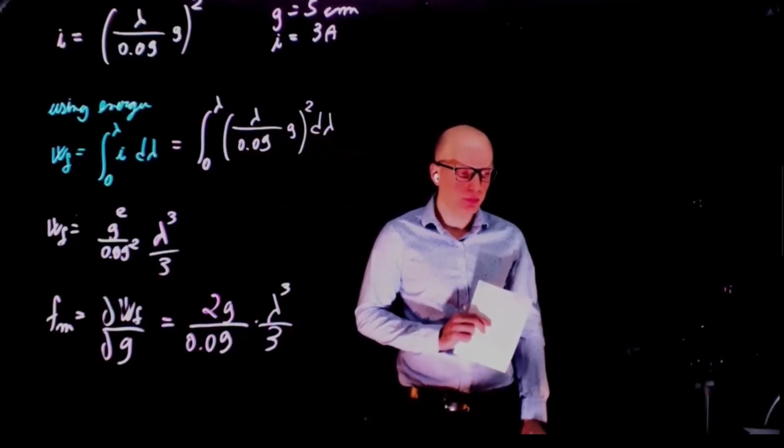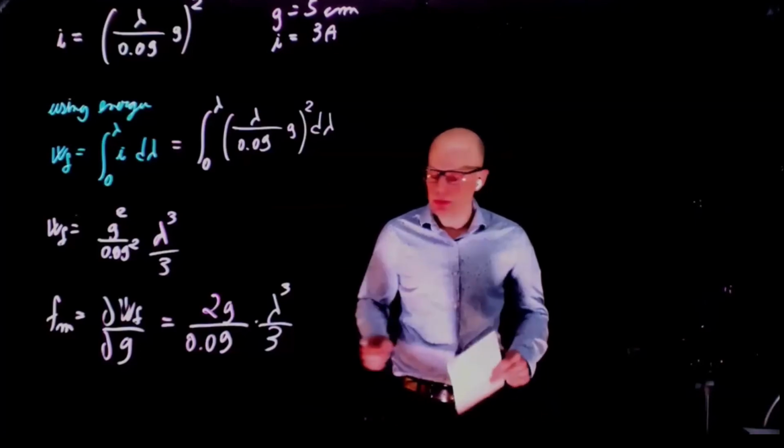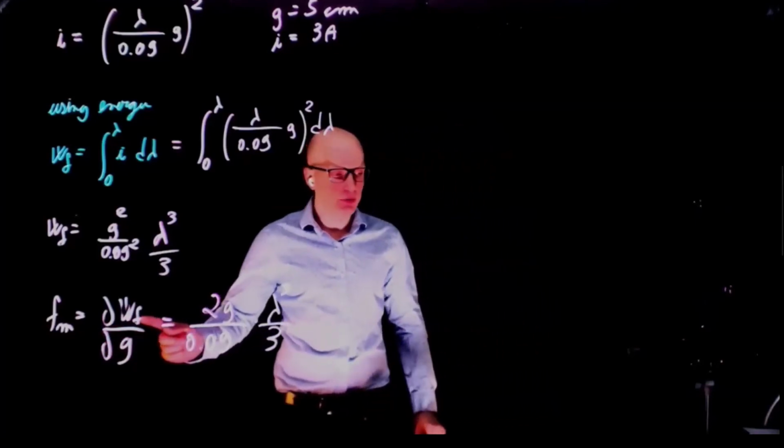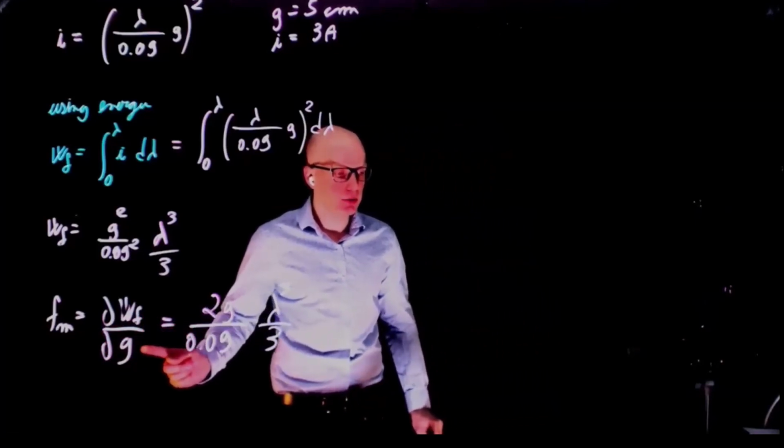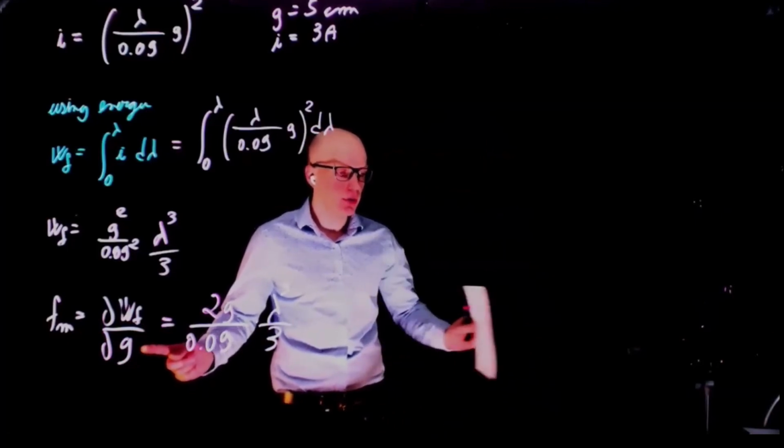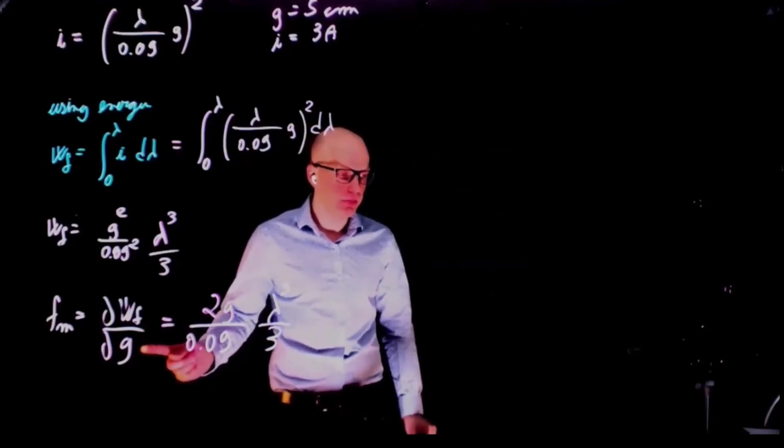Yeah, could you go over that equation again? Which one? The mechanical force one. The mechanical force is the derivative of the field energy with respect to whatever moves in the mechanical system.